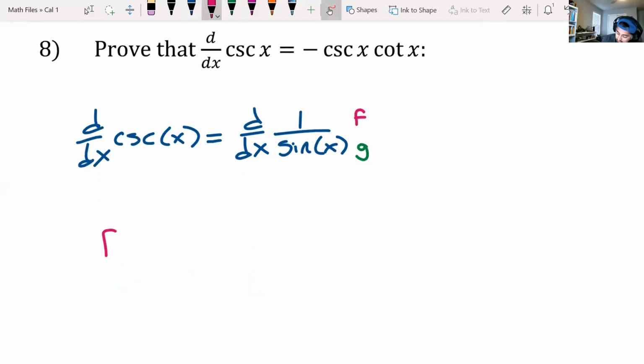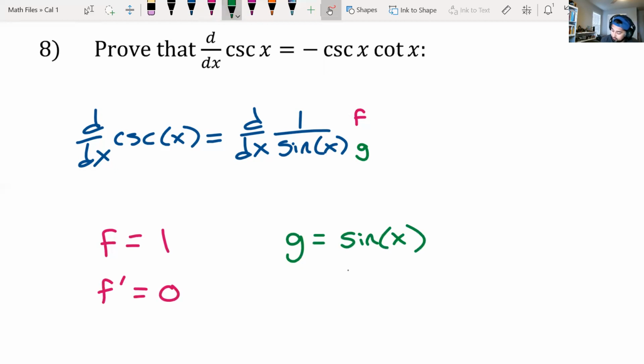Here f is 1 and g is the sine of x. Now f prime is 0 and g prime is cosine.